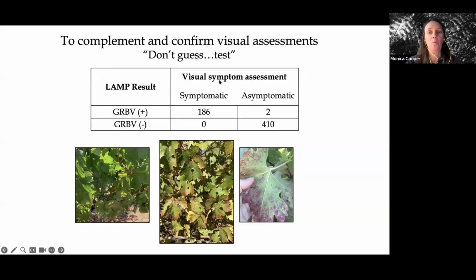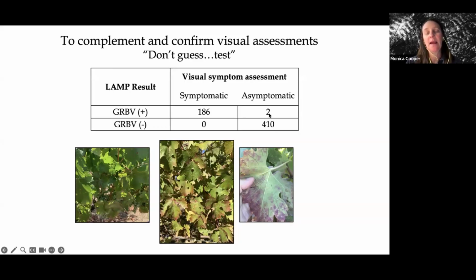What we've seen over the years is that LAMP has really good correlation with our visual symptom assessment. Vines that we mark as symptomatic tend to be infected with red blotch, and vines that we mark as asymptomatic tend to not be infected with red blotch.